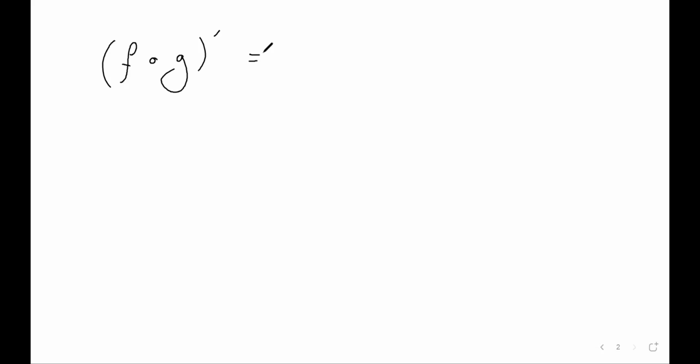Why? Because you can think of this as a chain of functions. You could have as many as you want: f1, f2, f3, so you could have a chain of functions that you do compositions of. All right, so this would be a chain of functions. And when you do the derivative, you want to treat the chain link by link. In other words, I'm always going to start from the left, because we read and write left to right.